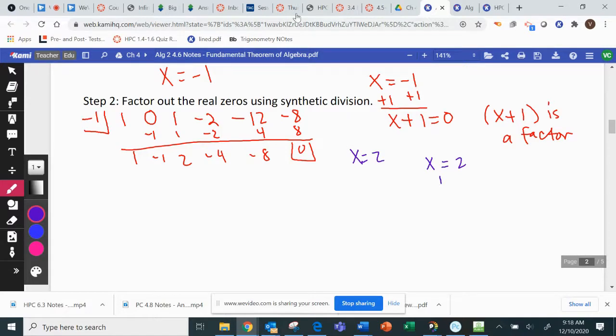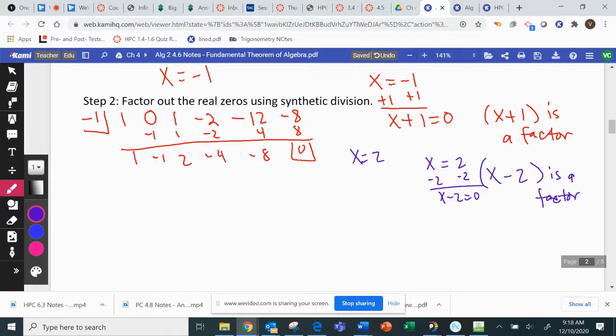make it into a factor really fast so don't forget. Because x equals 2 is a 0, I go and do synthetic division again, but I do not start over.